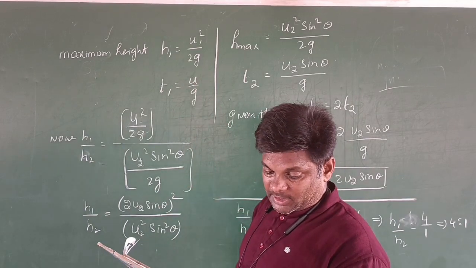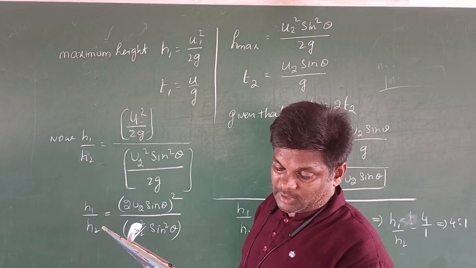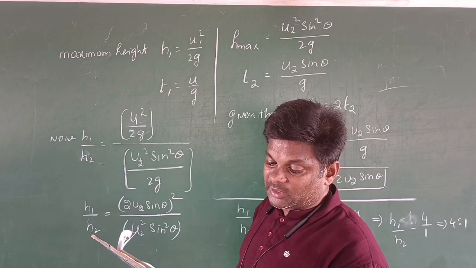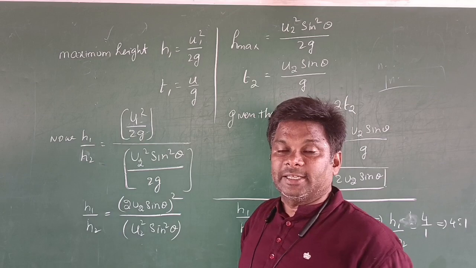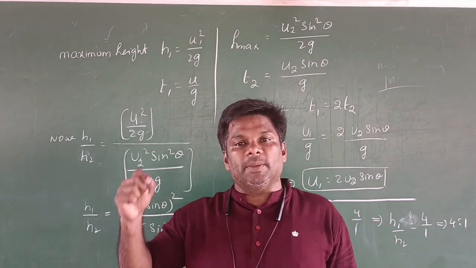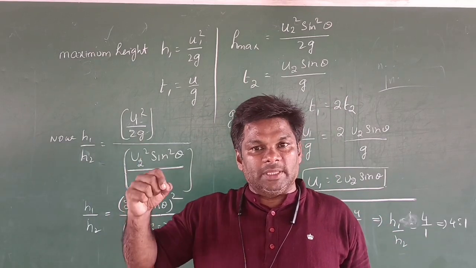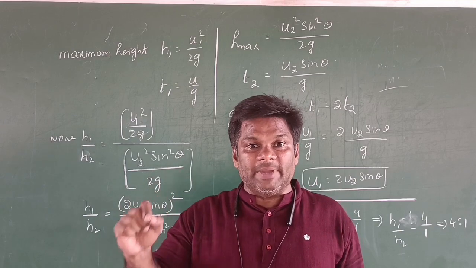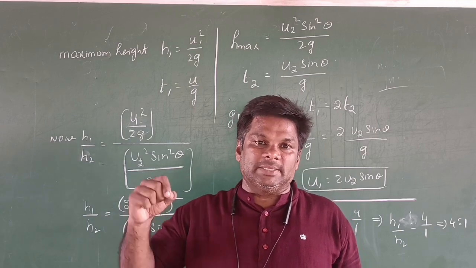And the second statement: another body of mass 2m is projected with velocity v2 at an angle theta. Here, whatever the mass may be, it is independent of its maximum height.